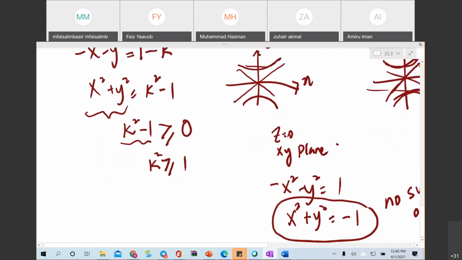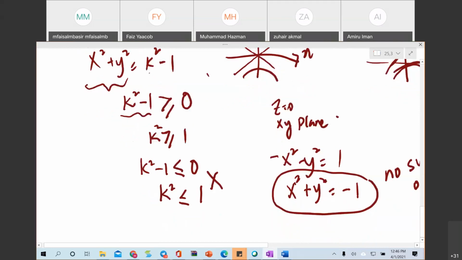If k squared minus 1 is less than 0, what do you have? k squared less than 1. If k is 1, it means 1 minus 1, which means a dot: x squared plus y squared equals 0. If k is 0.5, it will lead to negative, which we cannot use.